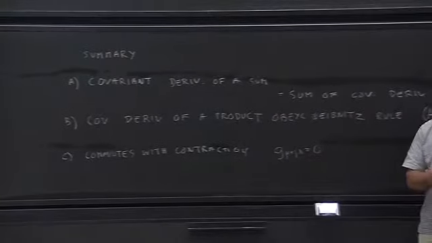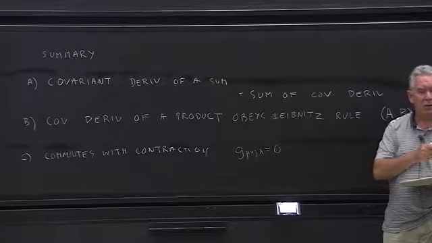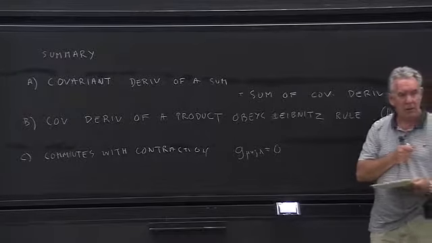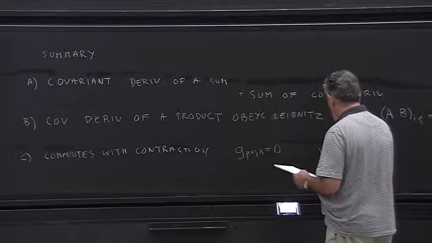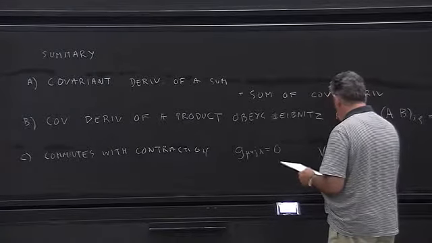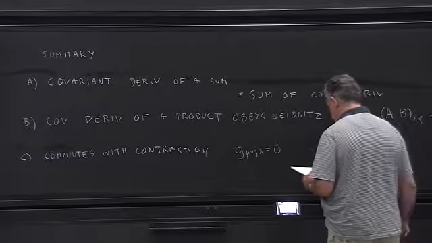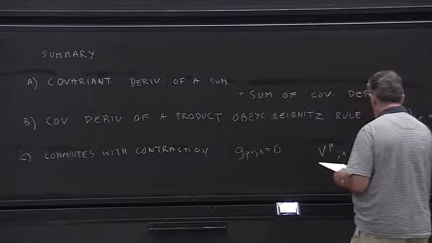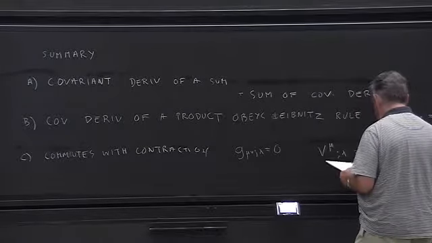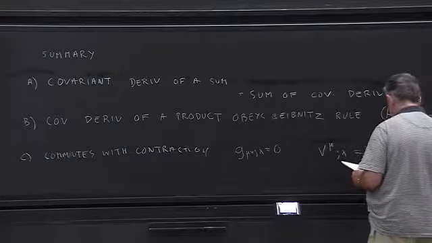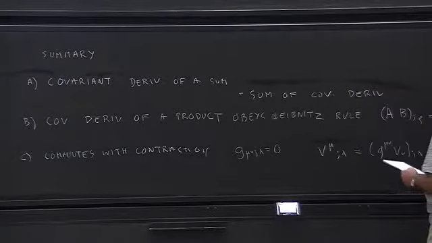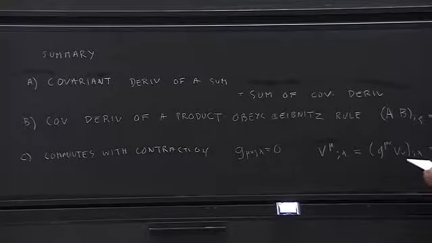So whenever we have a covariant derivative, we can pull the metric through without cost. And so V mu semicolon lambda is the same thing as g mu nu V nu semicolon lambda. But that's the same thing as g mu nu V nu semicolon lambda.